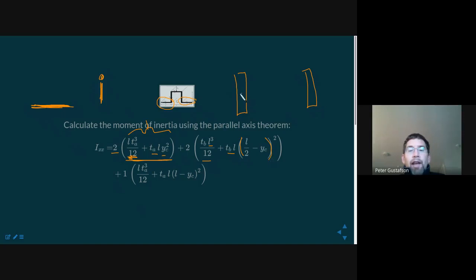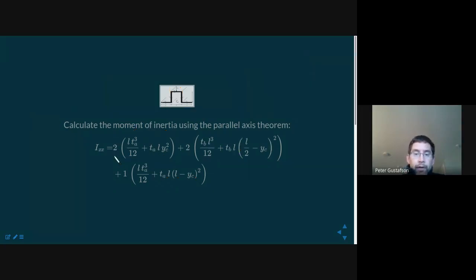The distance in this case is the midpoint minus whatever the YC value was, so that distance squared. And of course, there are two of them, so we get a 2. And then the last one follows the same arguments. That's the top flange up here, and we get L times TA cubed over 12 plus the area times the distance from the neutral axis squared. So that's IXX. Pretty straightforward.